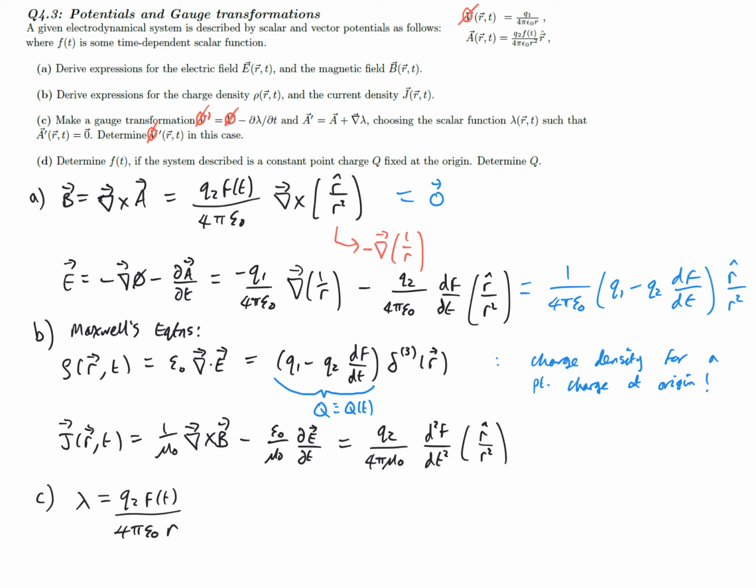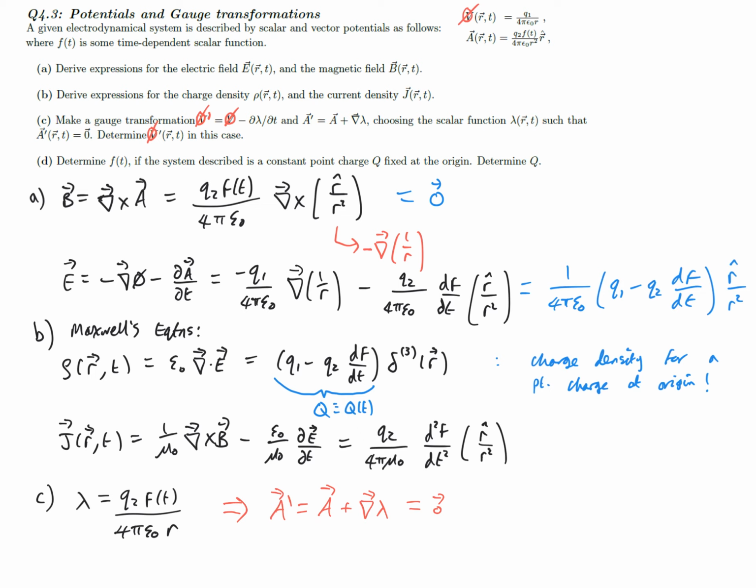And of course, that will then exactly cancel this original piece. So when I take a plus gradient of lambda, I'm going to get 0, which is exactly what we want. So A primed is equal to the original A, as given upstairs, plus gradient of this lambda. We know that gives 0, which is what we were asked in the question.